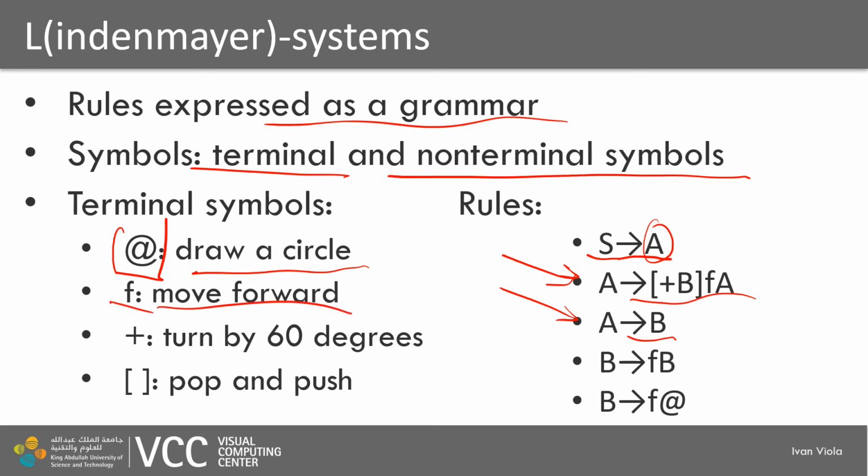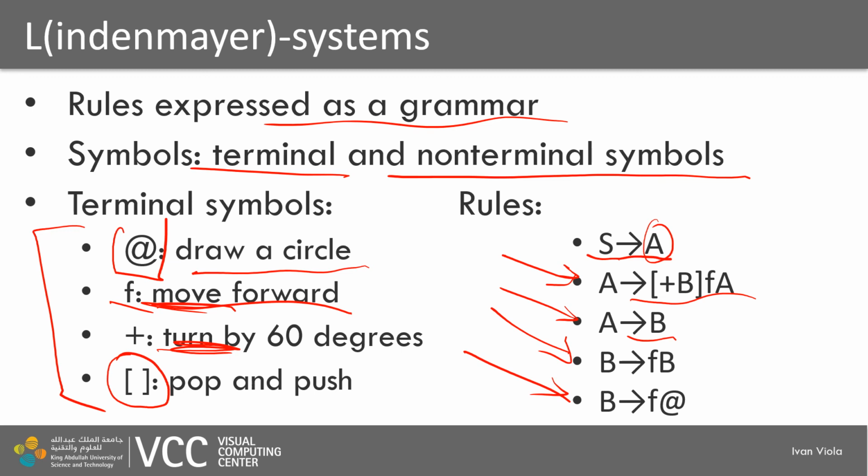F will mean move forward, so it's a translation. Plus will mean turn by 60 degrees. And the brackets mean that you are pushing and popping certain transformations. So once you get out of the bracket, you are forgetting the transformations which were applied to the objects within the bracket. And then you can apply these rules until you end up with a sequence of symbols which are only terminal symbols. And this sequence then defines a certain shape.